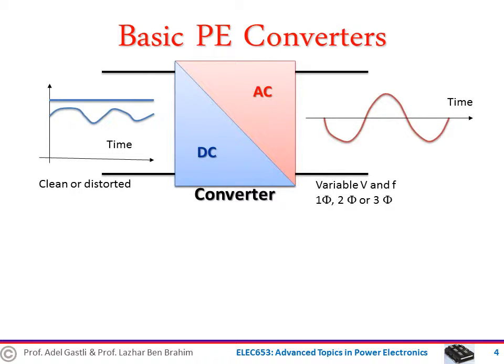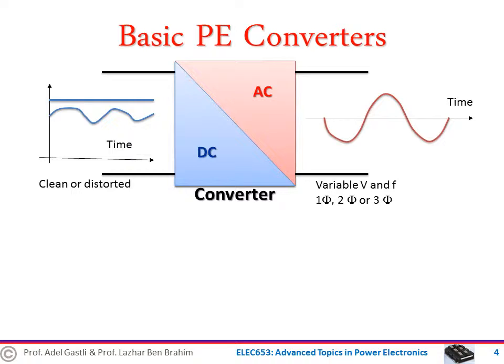Suppose that I have a DC power supply and I want to feed an AC load. Then I will need to convert the DC into AC, and thus a DC to AC power electronic converter. Now my DC power supply could provide clean or distorted power, also constant or variable power. My load could be single phase or multi-phase.